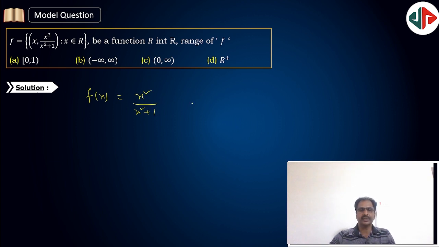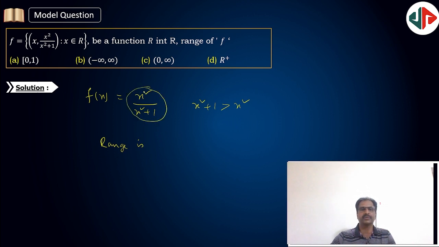Clearly, the denominator x square plus 1 is always greater than x square, which means the denominator is greater than the numerator. If the denominator is greater than the numerator, its value will be less than 1, and it is always positive.